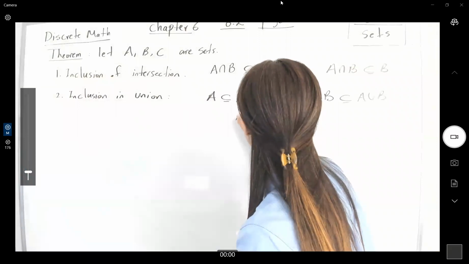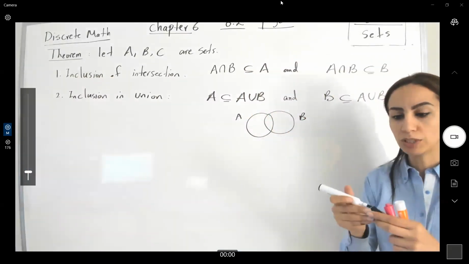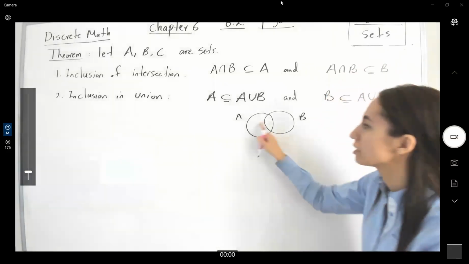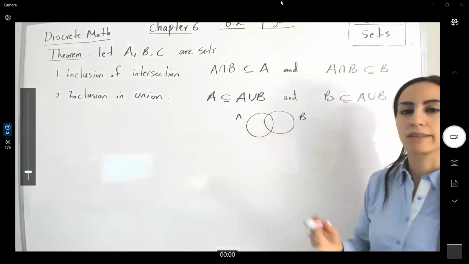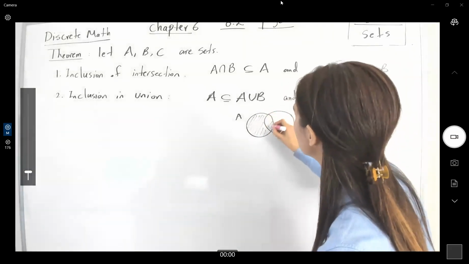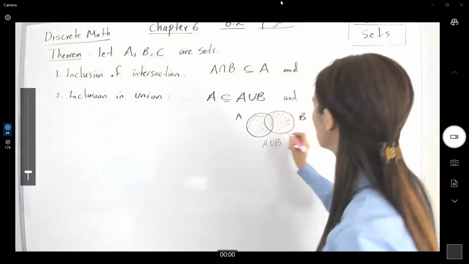We have set A, we have set B. Remember, the union includes every element, either in the first set or in the second set or in the intersection. So we shade everything when we're referring to the union. This is A union B.